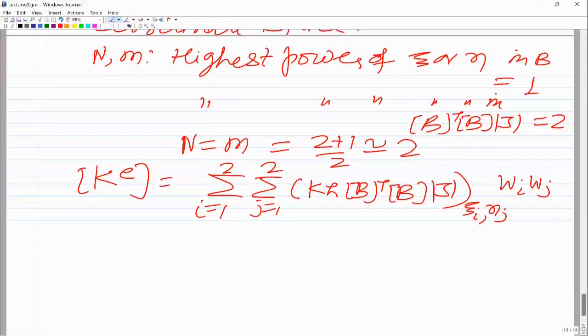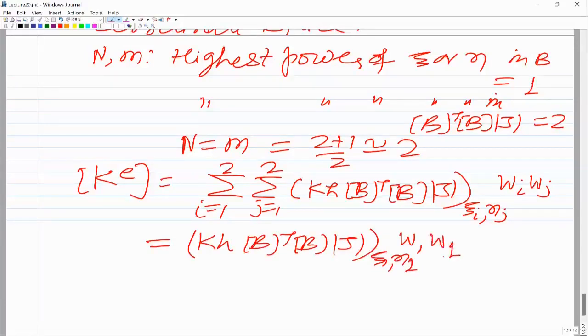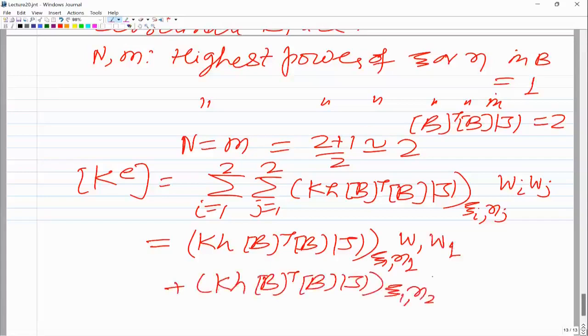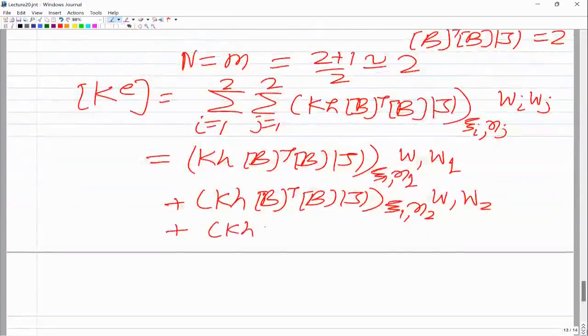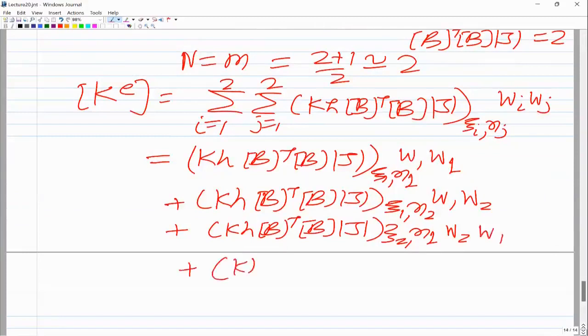When you carry out the summation, it means kh B transpose B is evaluated at the first Gauss point, xi 1 eta 1, into W1 into W1, that is W1 square, plus kh B transpose B into J evaluated at xi 1 eta 2, W1 W2, plus kh B transpose B J evaluated at xi 2 eta 1, W2 W1, and then plus kh B transpose B into determinant of J evaluated at xi 2 eta 2, W2 into W2.